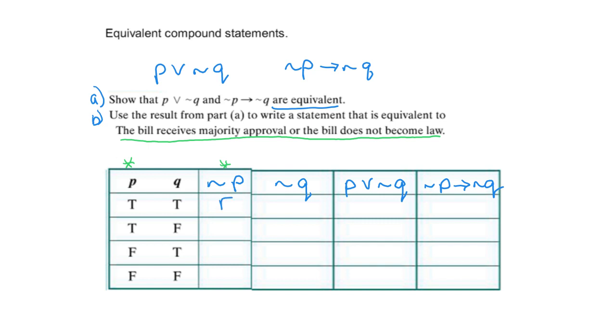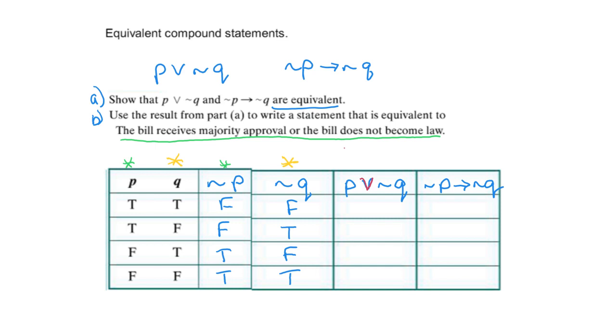So we have two falses and two trues. To find the negation of Q, we look at the Q column and write down the opposite truth value. False, true, false, true.